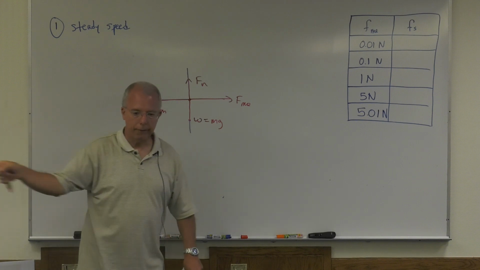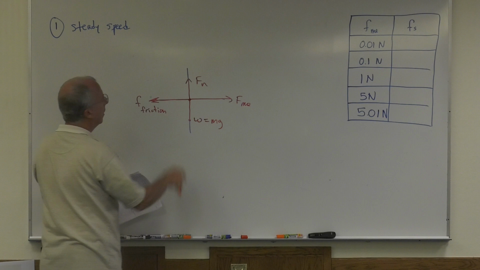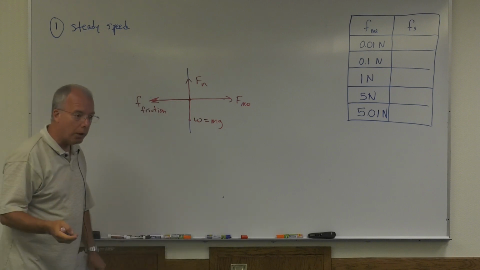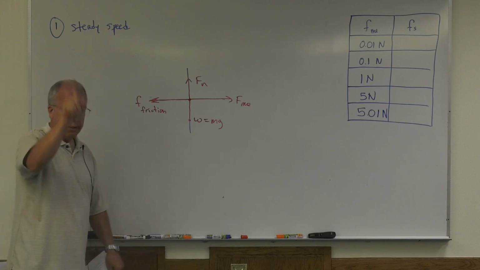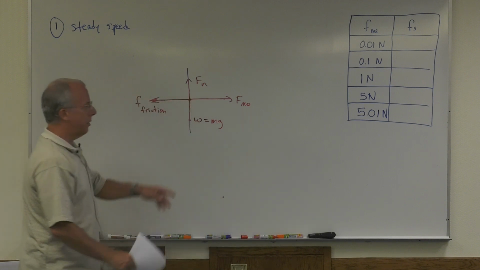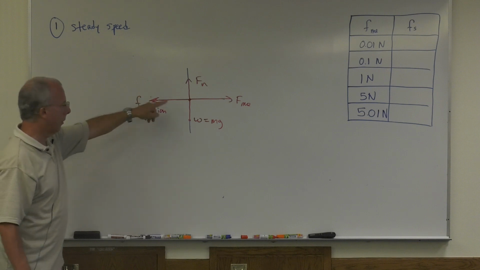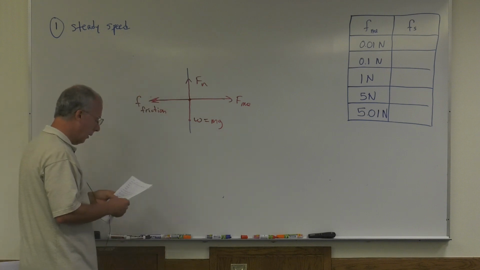There's no horizontal acceleration, so this magnitude has to equal that magnitude. So the net force is 0 in both directions. I just did 1, 2, 3, and 4. So that's a force diagram. We talked about the magnitudes, and so forth.